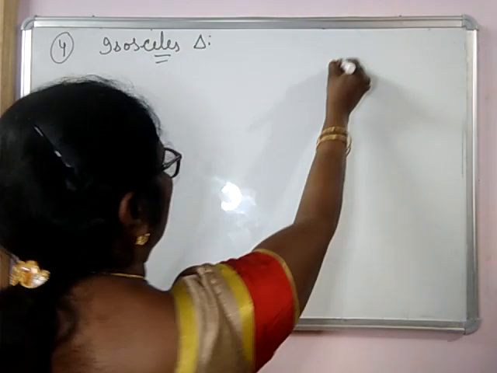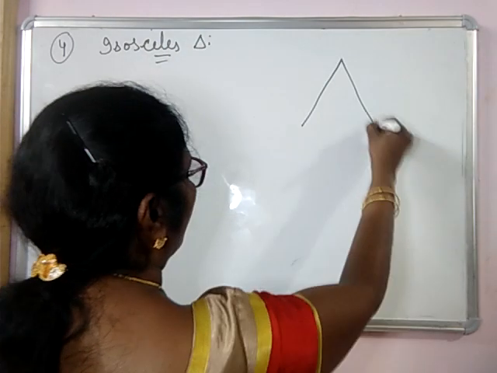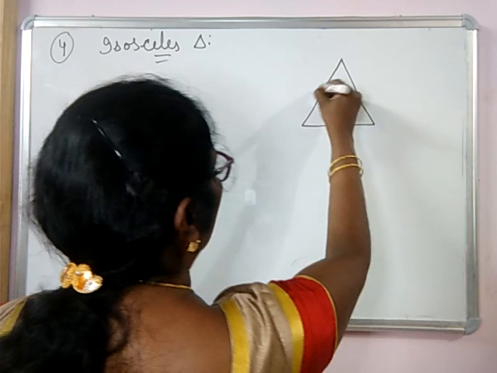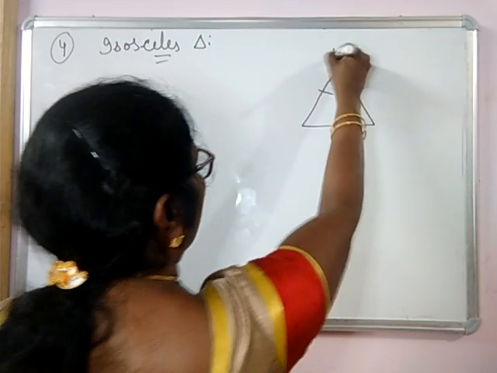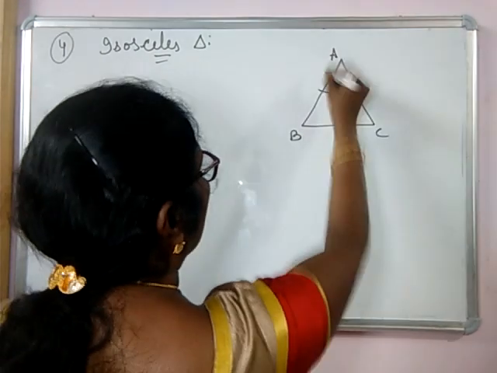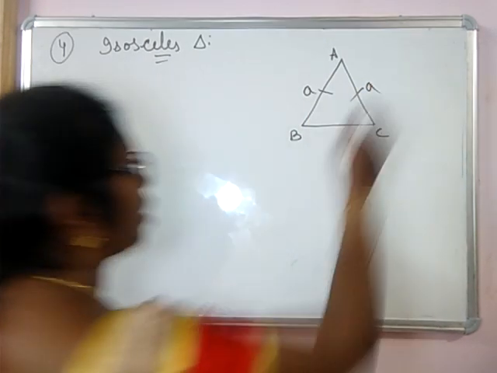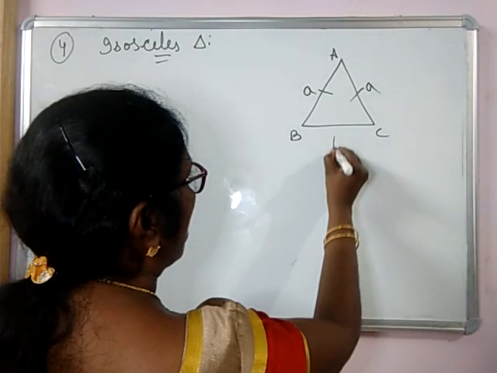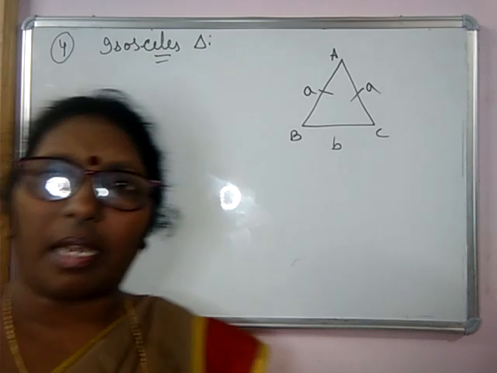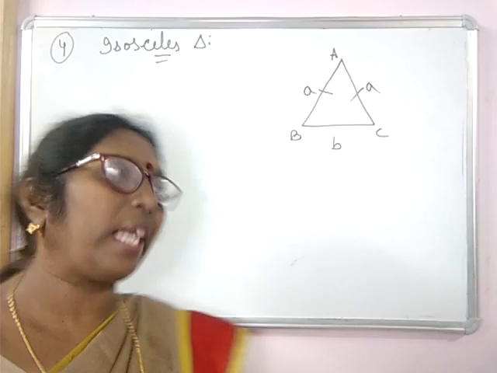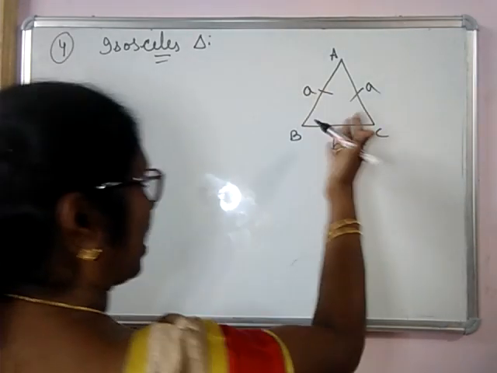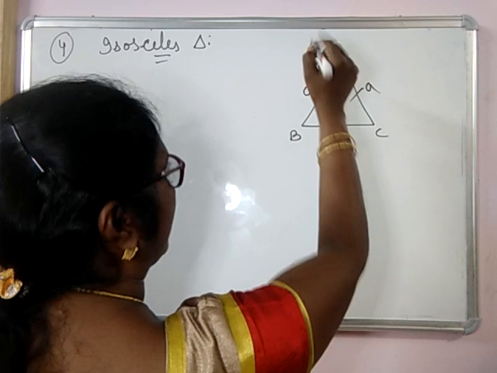If this is an isosceles triangle, let me name this triangle as ABC. If AB is equal to AC, let me take small a for each equal side and small b for the base. So let me explain here how we get the area.